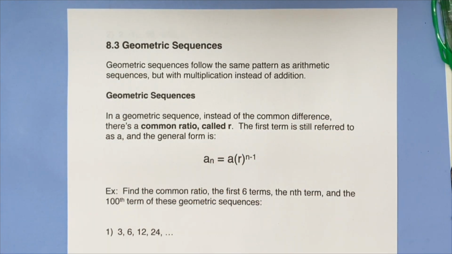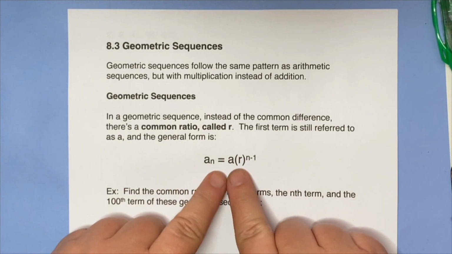And geometric sequences follow the same pattern as arithmetic sequences, but with multiplication. So, in a geometric sequence, instead of the common difference, there's a common ratio called R. The first term is still referred to as A, and the general form is this.